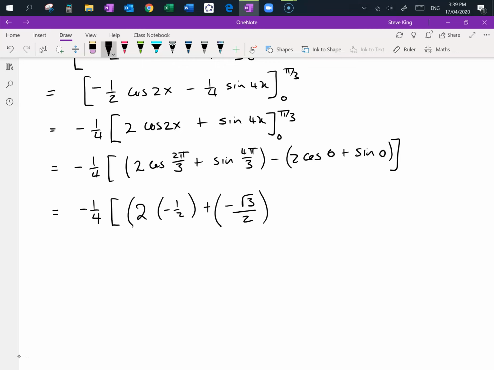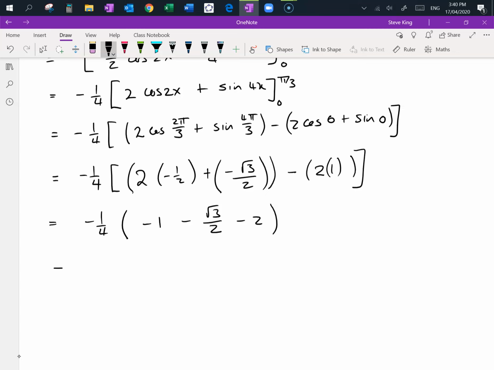So that's the first part done. And then I've got to take away 2 times the cos of 0, which is 1, and the sine of 0, which is 0, so I can forget about that. Okay, tidying all of this up, I have 2 times a half minus a half, which is minus 1, minus root 3 over 2, minus 2.